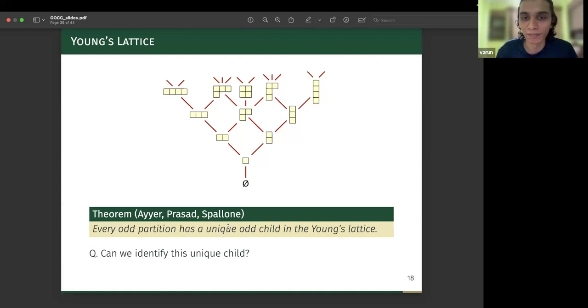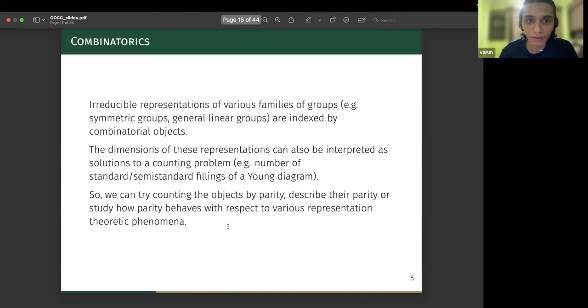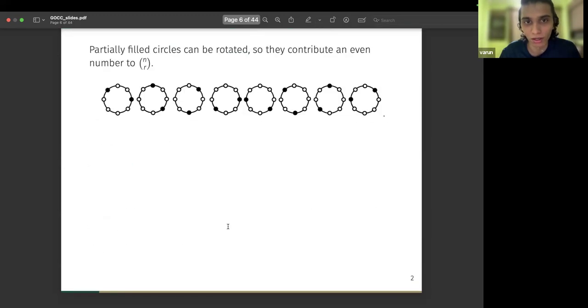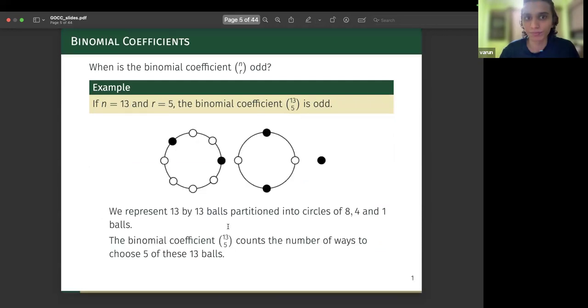But the reason why we expect something like this to work is if we go back to the beginning, to the binomial coefficients. We know that n choose k is equal to n minus 1 choose k plus n minus 1 choose k minus 1. So if n choose k is odd, then exactly one of these two smaller binomial coefficients has to be odd.